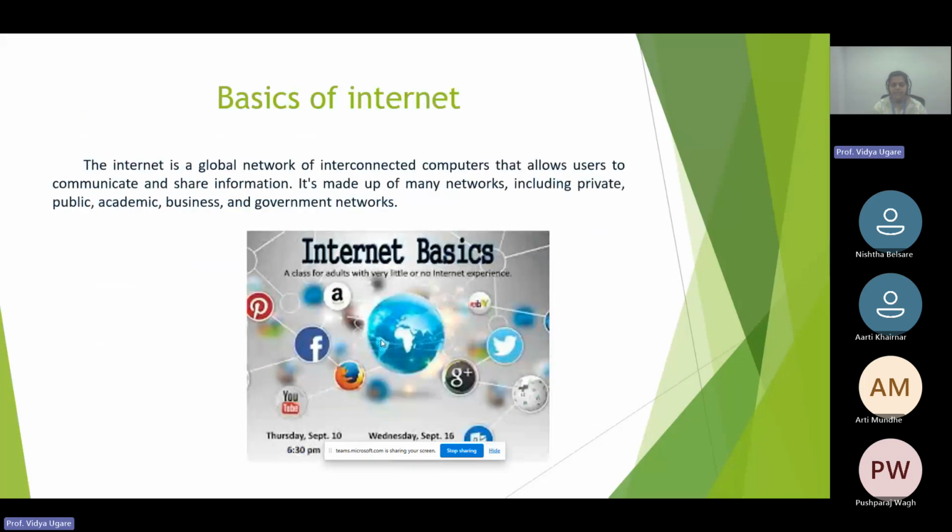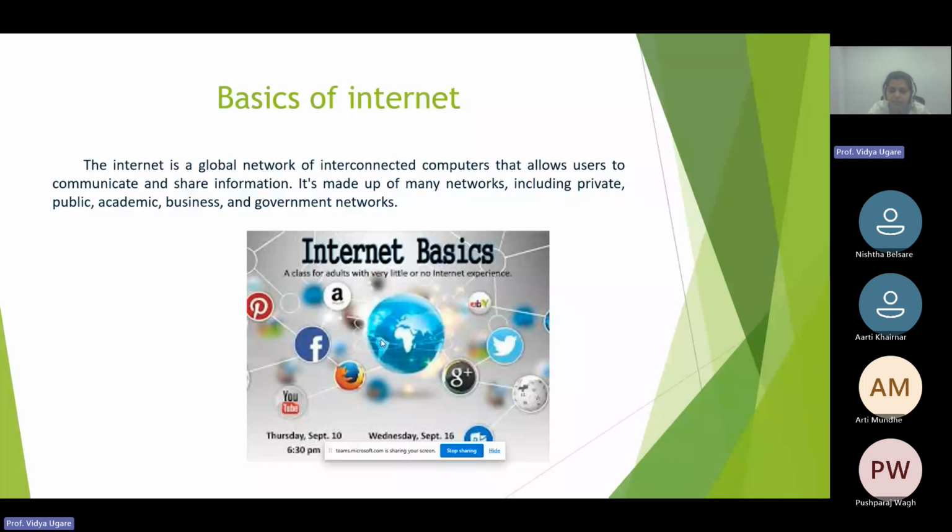Then basics of internet. So basics of internet means internet. Now before we go to internet, what is network? Network and internet, are they same or different? Of course it is different.